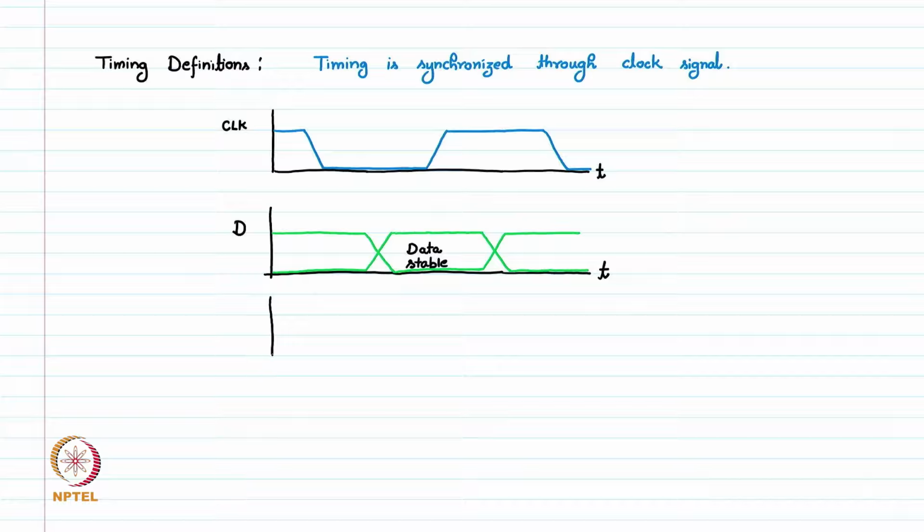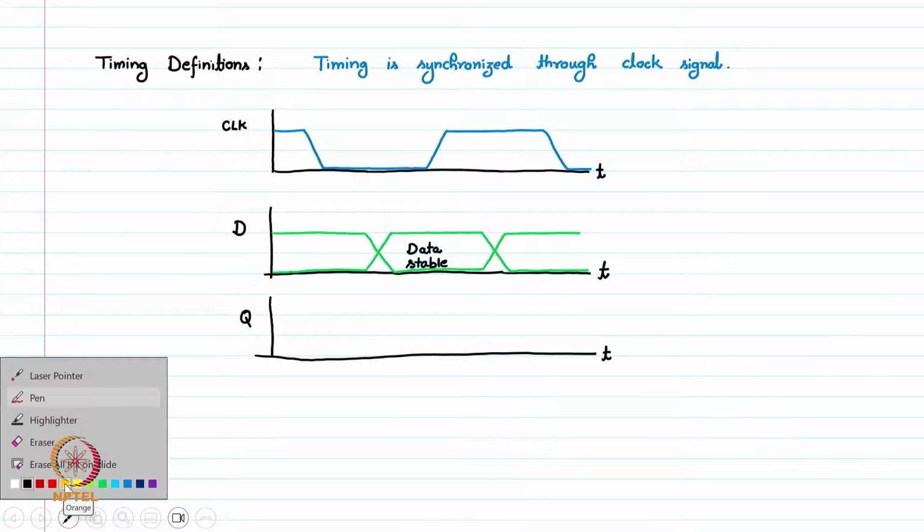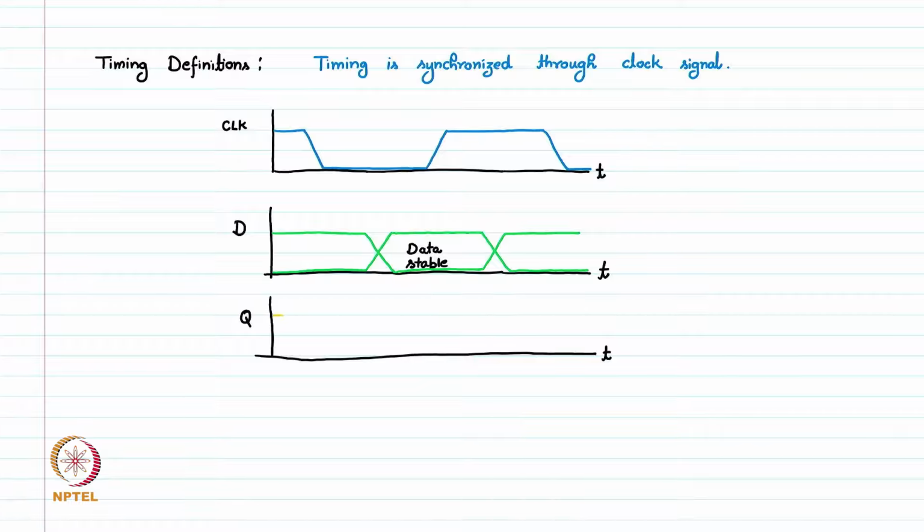Then we have the Q, which is output. It's something like this.